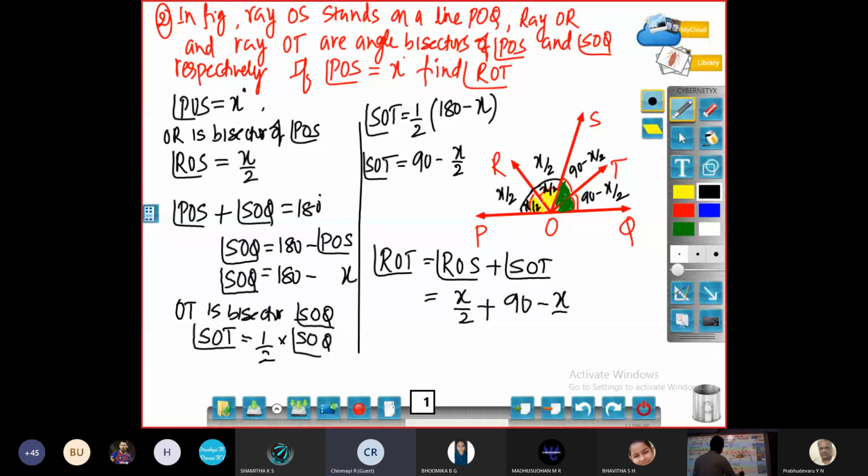Sir, 90 minus x by 2. What does it give? Simplification of this, sir, 90 degrees. X by 2 cancels, so I will get 90 degrees. So angle ROT is equal to 90 degrees. You understood this or not? Yes, sir.